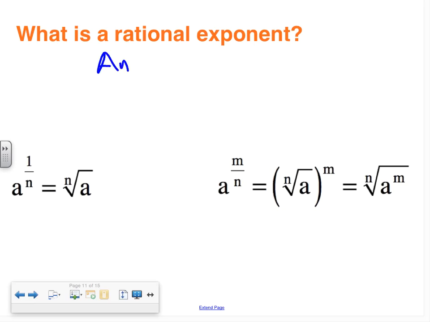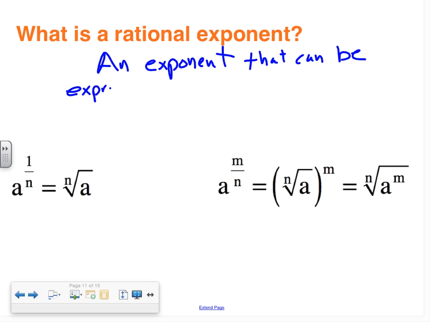So it is an exponent that can be expressed as the fraction m over n, where m and n do not equal 0.